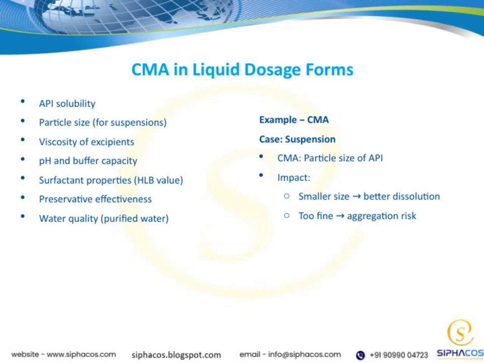Let's look at this example involving the CMA, or compatibility and monitoring analysis, specifically focusing on suspension cases. When we talk about CMA here, one of the key factors is the particle size of the active pharmaceutical ingredient, or API. The size of these particles can significantly influence the performance of the suspension.